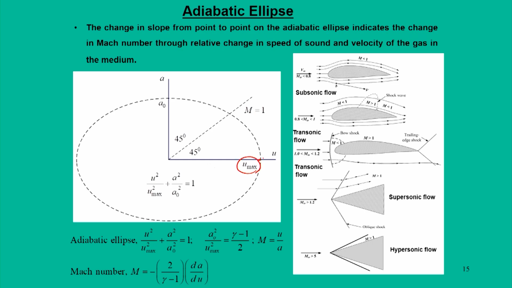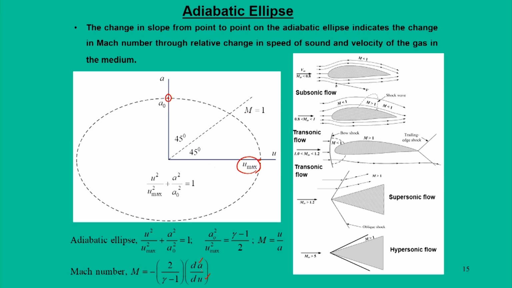This point represents u max, and the minor axis of this ellipse is a, whose maximum value is a0; this is the point. If you go from u max to a0 on this curve, there is a change in the slope. That change in the slope is associated with the parameter dA by du.